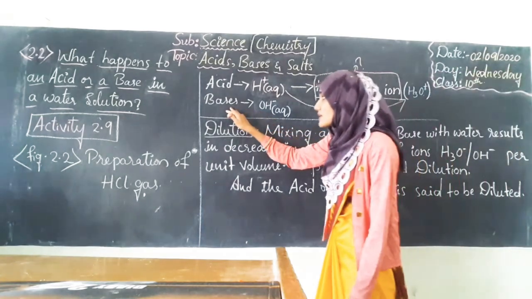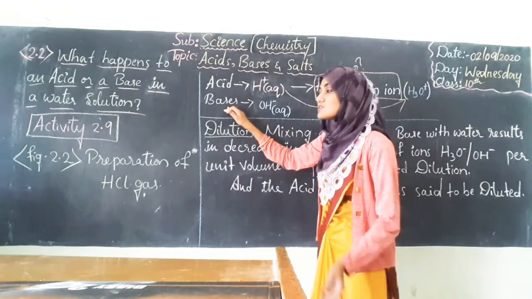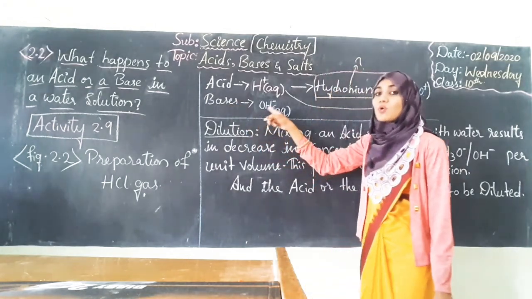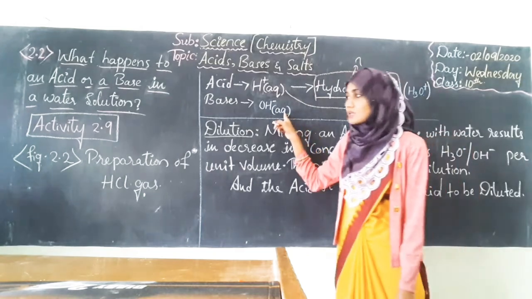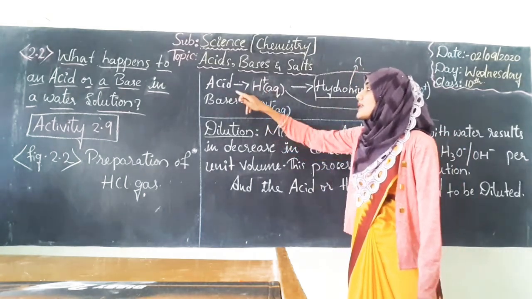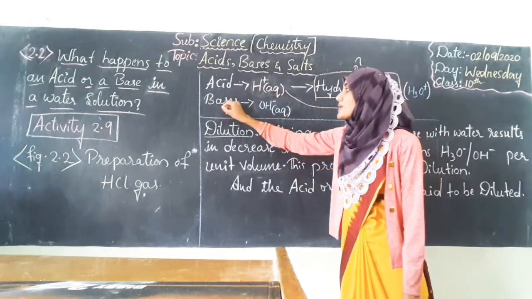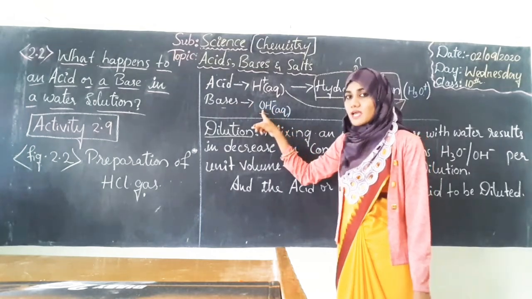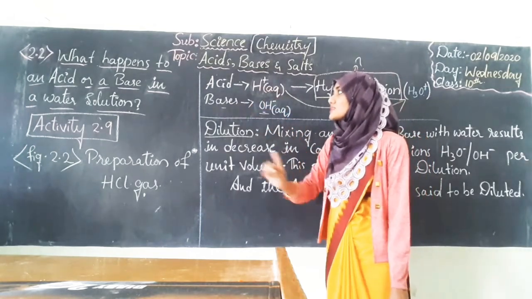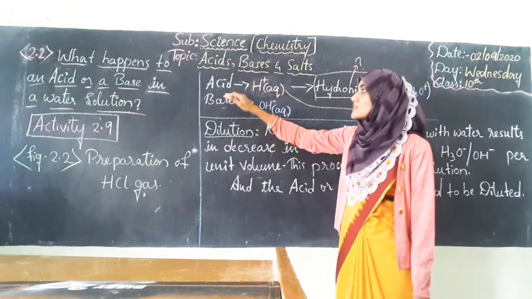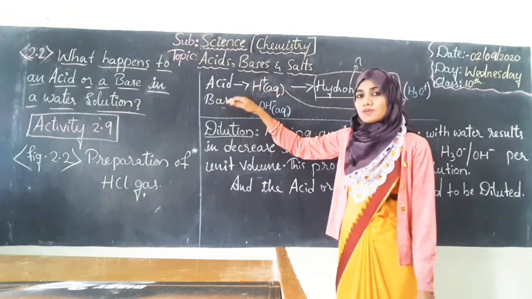Similarly, bases will also generate OH- ion only in the aqueous solution. So in both the cases, acid will generate H+ ion, bases will generate OH- ion. But in both the cases, water should be present. That means they should be in the aqueous form.